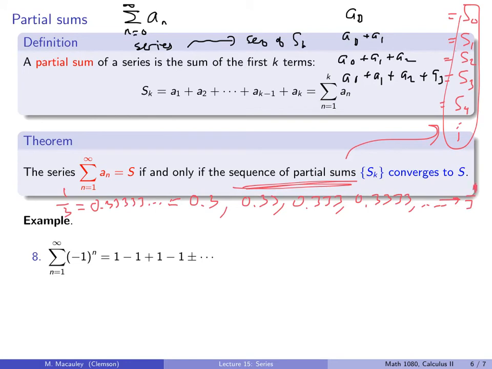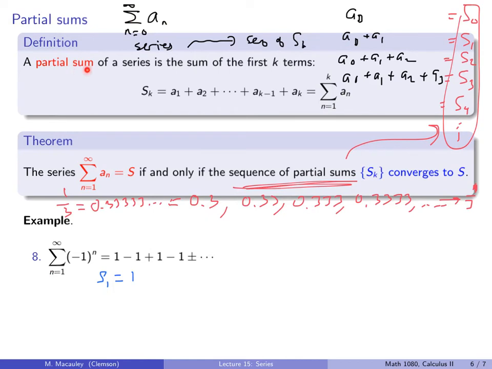Okay, so let's revisit that example that we did on the last slide, this alternating series. So now S1 is equal to 1, and I should say that there is a little bit of ambiguity in a series that starts at n equals 0. This is one reason why most of our series will start at 1.